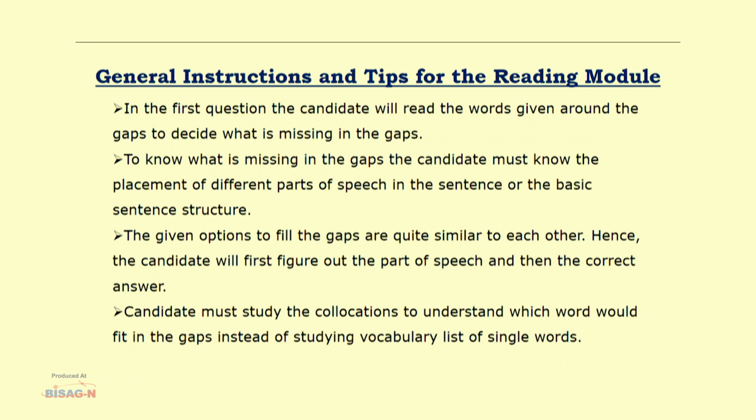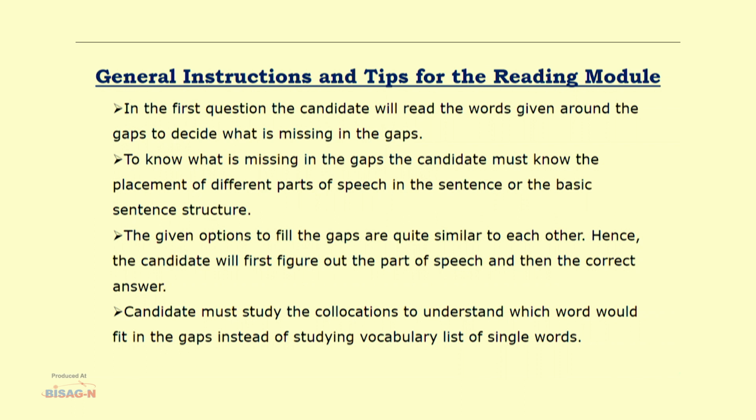However, when there are no options given, it becomes all the more difficult to fill in the right part. For that, it is very important for the candidate to know what part of speech is missing in the sentence, and fill in the basic thing in the sentence structure.